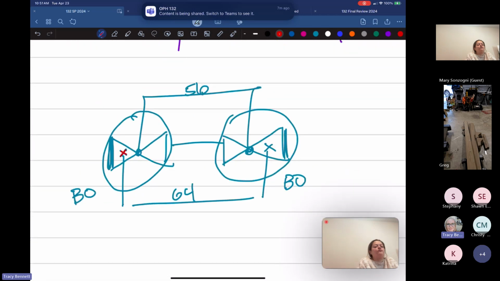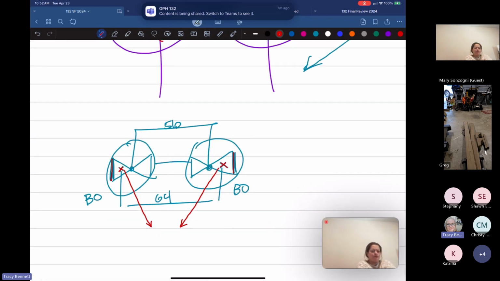So here's where the eye is, and they've got base out prism. But what's going to happen is, remember, the image is shifted towards the apex. So it is going to force their eyes to kind of converge. And that's not necessarily a comfortable thing when you're not trying to converge. If you're looking at something in the distance and your eyes are trying to pull in and converge, that's not going to feel very comfortable.